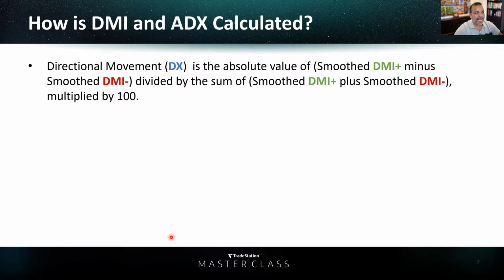The DX, which is directional movement, this bullet here at the top, is one step before we actually get the ADX. The DX, which stands for directional movement, is the absolute value of the smooth DMI plus minus the smooth DMI minus, divided by the sum of smooth DMI plus and smooth DMI minus, multiplied by 100.